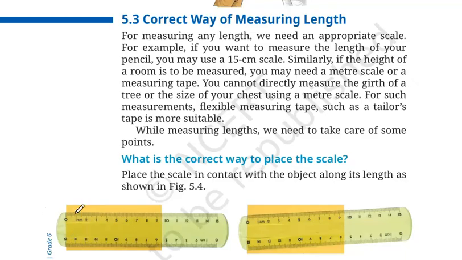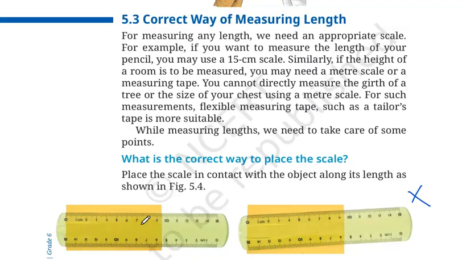You are going to place the scale horizontally, not slanting like this one. This is a big no, cross. You cannot place the scale in a zigzag pattern. You have to place it in a straight line horizontally. All right. Or if you want to measure the vertical length, you have to put it in a straight line vertically.